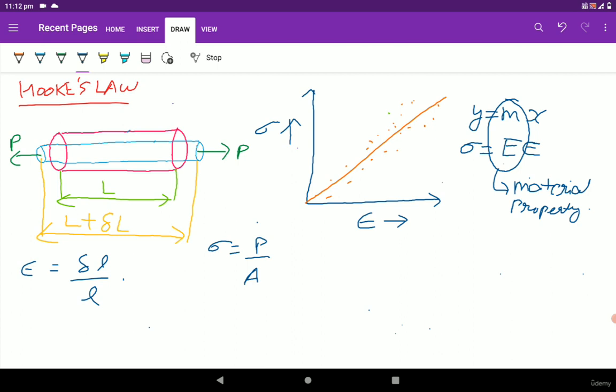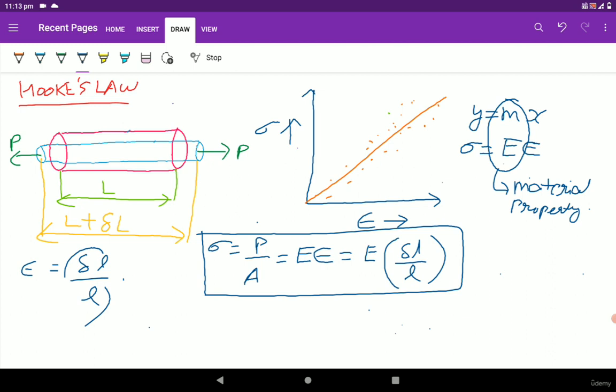So we can further write it as E, where the strain is change in length upon original length, so delta L upon L. So this is the axial loading equation.